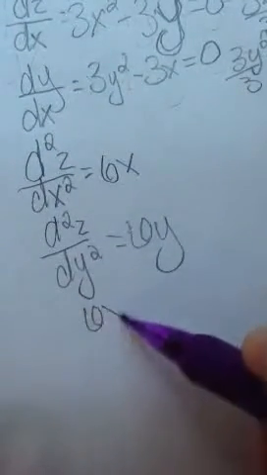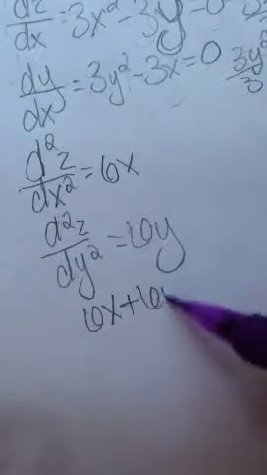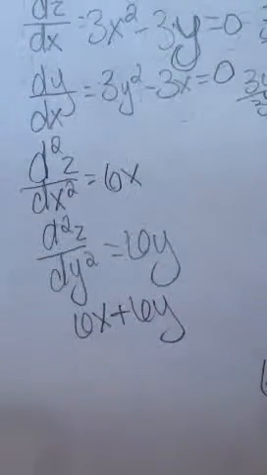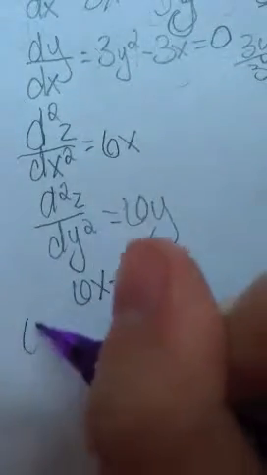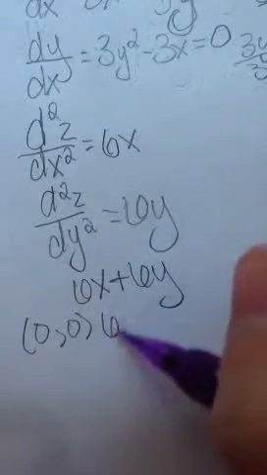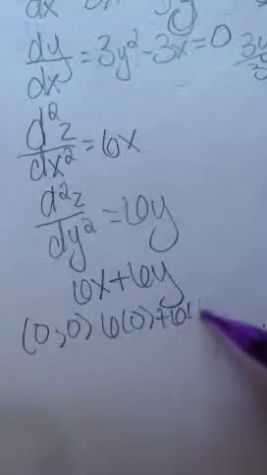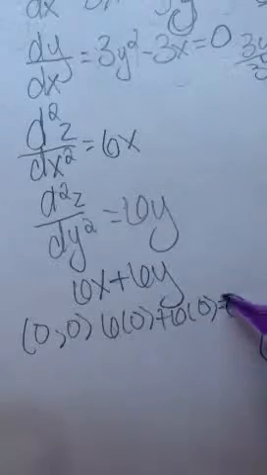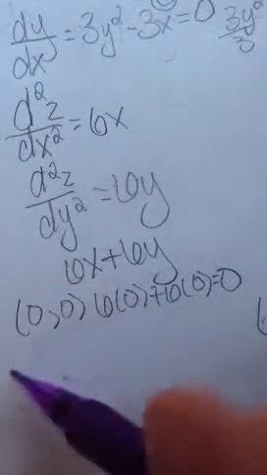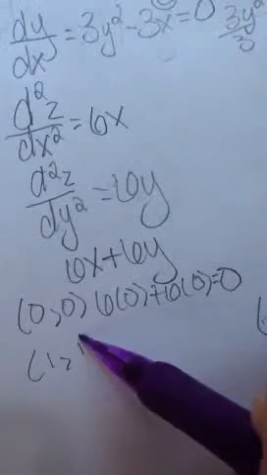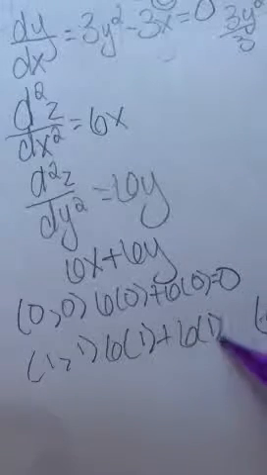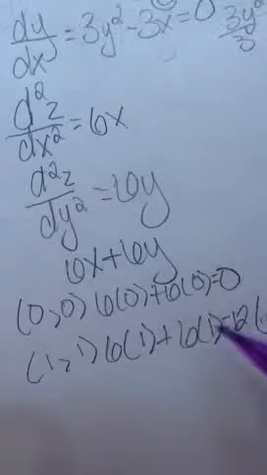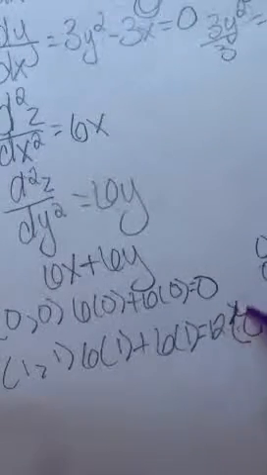So we would do 6x plus 6y, which would be, for the point 0, 0, 6 times 0 plus 6 times 0, which would be equal to 0. And for the point 1, 1, 6 times 1 plus 6 times 1, which is equal to 12, which is greater than 0. And that's the thing that we were trying to find.